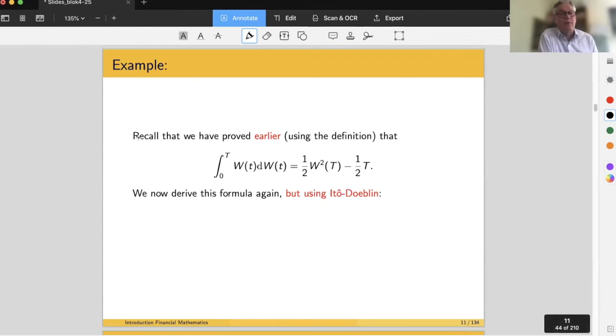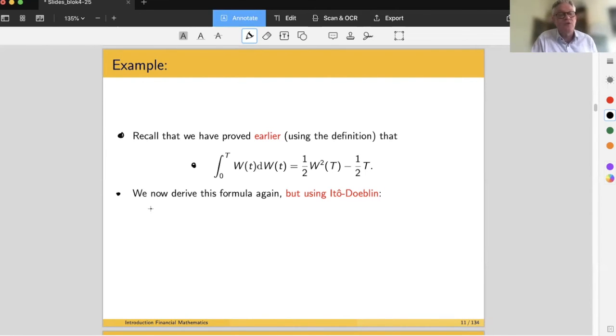Let's do an example. And let's do actually the example that we did in the previous lecture. We have proven before, by means of the definition of the stochastic integral, that the integral from 0 to capital T of W_t dW_t is in fact 1/2 W_T squared minus 1/2 T. Now we can derive this formula again in a very convenient way, hopefully using the Ito-Doeblin formula.